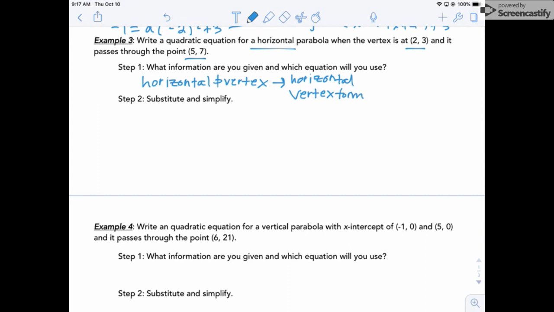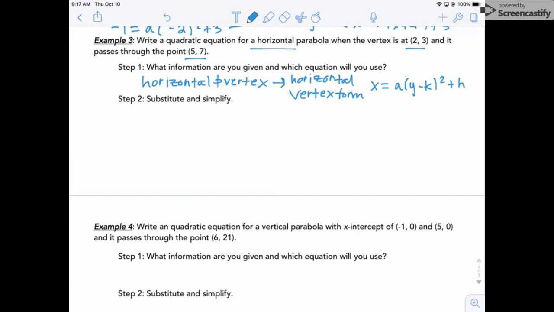If we recall, the horizontal vertex form is x equals a times (y minus k) squared plus h. So same thing as vertical, except your x and y and your h and k have now switched places.